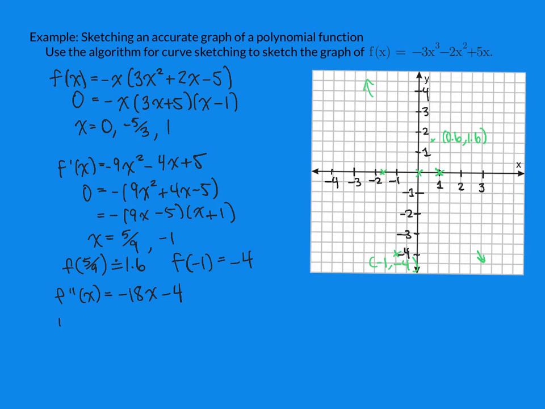So we can consider that f double prime at 5/9 gives us -14, so that's less than 0, which makes sense because that one turned out to be a local maximum, right? So it's occurring on an interval that is concave down. And f double prime at -1 will turn out to be 14, which is greater than 0, which again makes sense. We predicted that this should be a local minimum.